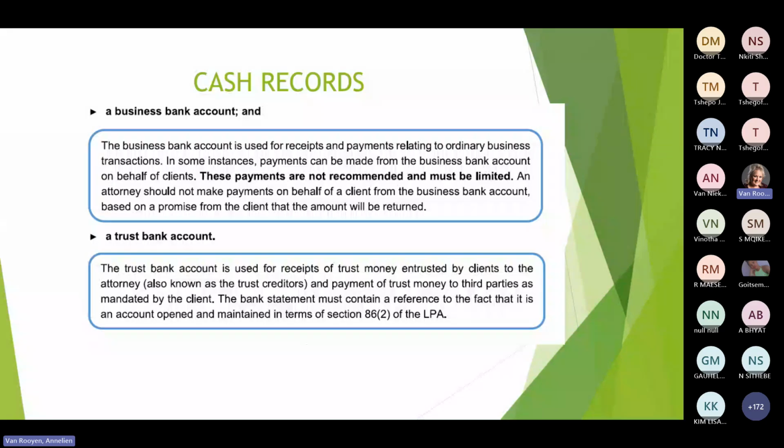So they are not allowed to touch that money without proper evidence, source entry, source documents. So always when you have a question, or even one day in practice, remember it's by law that you have to be very strict on what's coming in and what's going out of your trust bank account.